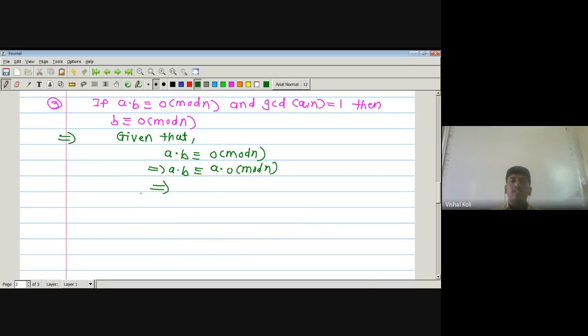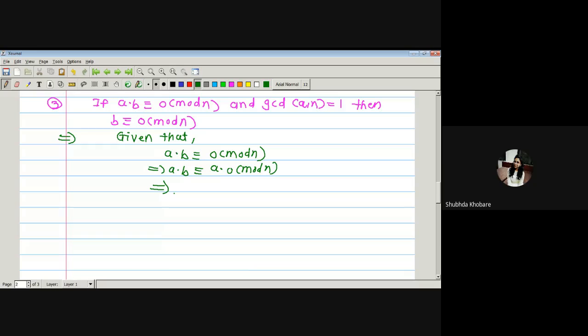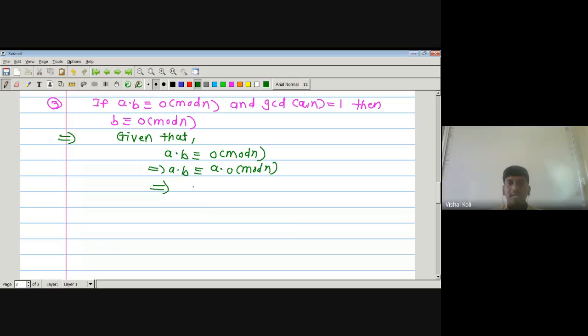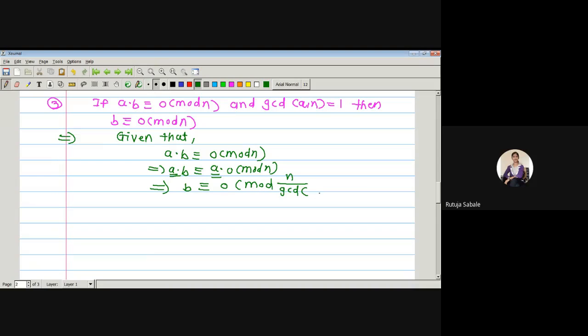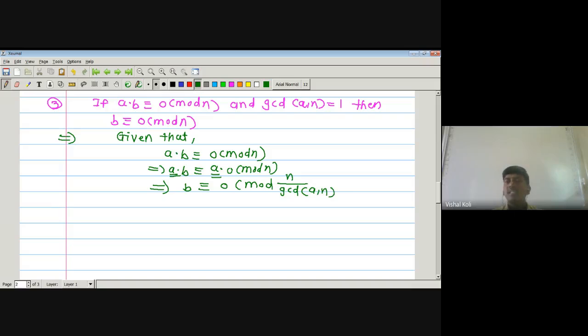Again we know that if AC is congruent to BC modulo n, then A is congruent to B modulo n upon GCD of C and n. Here C is nothing but a, so B is congruent to 0 modulo n upon GCD of a and n, since C is a.